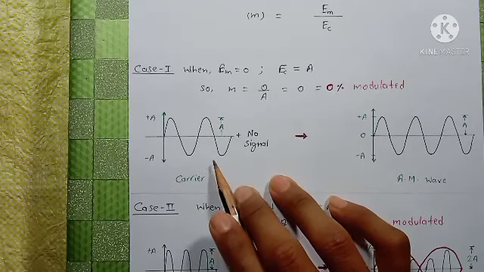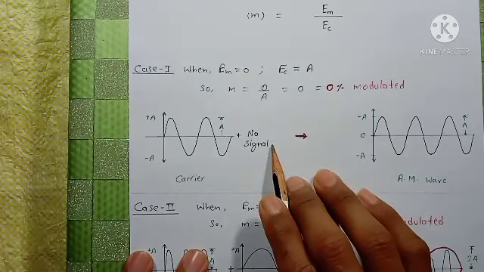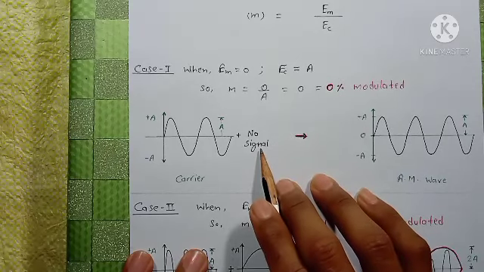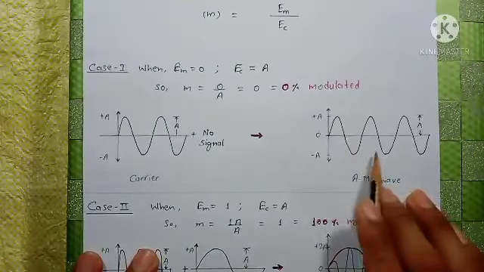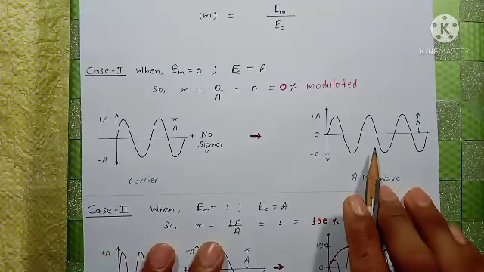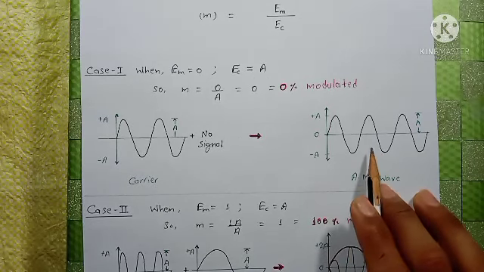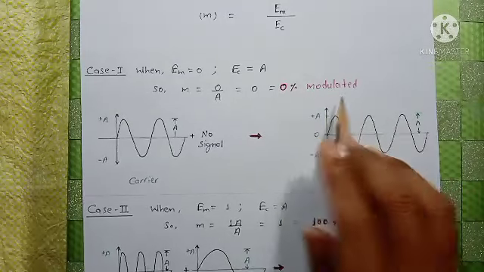So the carrier wave is not modulated, because the message signal is absent. The amplitude of the carrier wave remains unchanged, and in other words, we get 0% modulated signal.